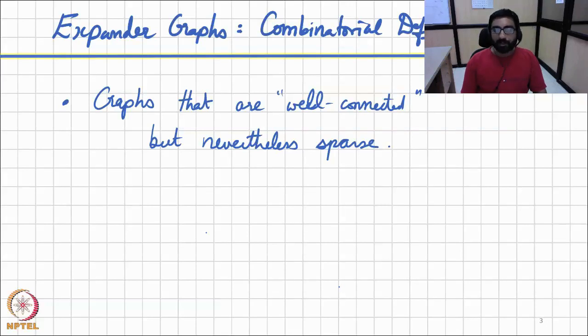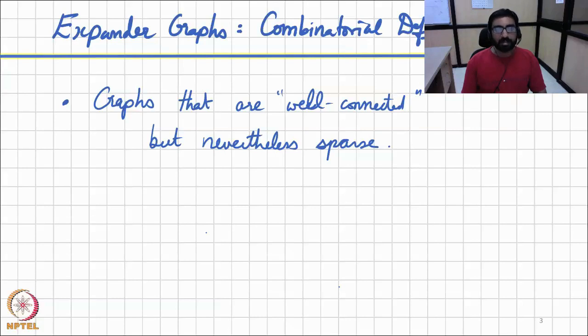If a graph is well connected, you expect the graph to have lots of edges. At the same time, we also are looking for sparse graphs. This tension, as it turns out, can actually be resolved quite well. So we have what we call expander graphs that are really well connected, but are nevertheless very sparse.